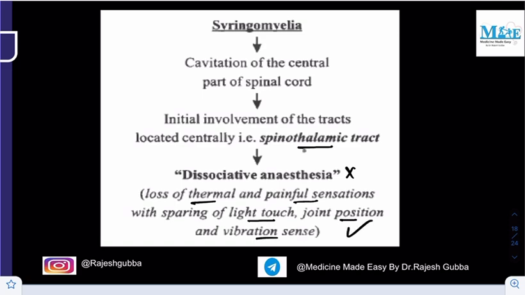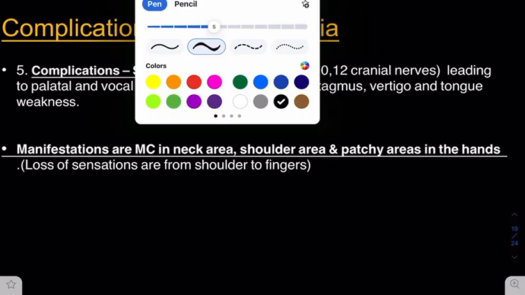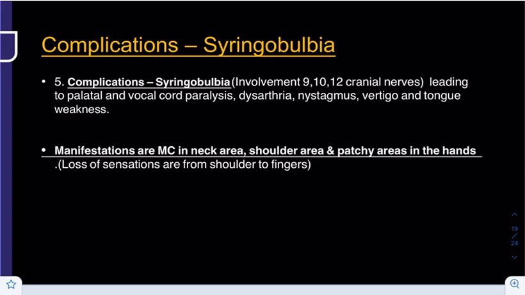And what are the complications that you can come across in patients with syringomyelia? It can progress to the brainstem. Once it progresses to the brainstem, we call this syringobulbia. And whenever there is syringobulbia, there will be involvement of the lower cranial nerves, that is 9, 10, 12, which can make the individual land up in respiratory paralysis as well.